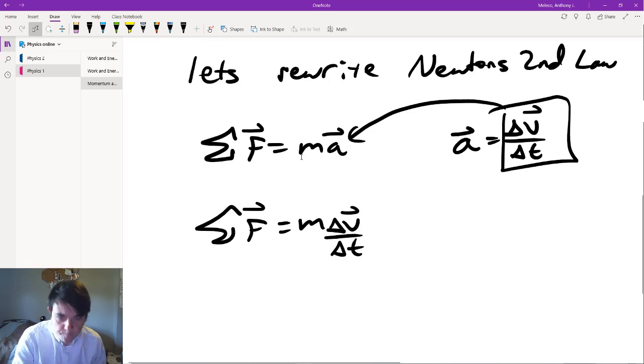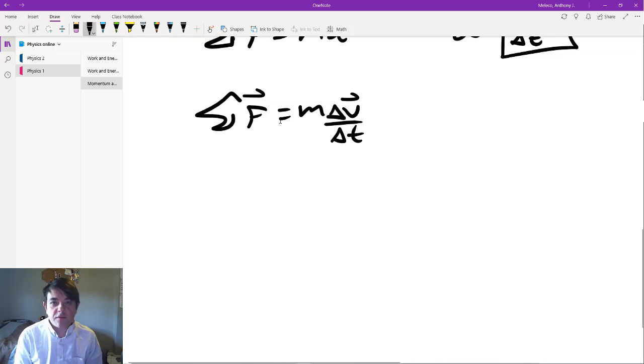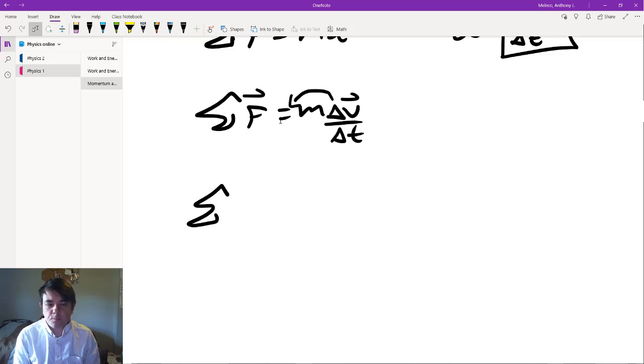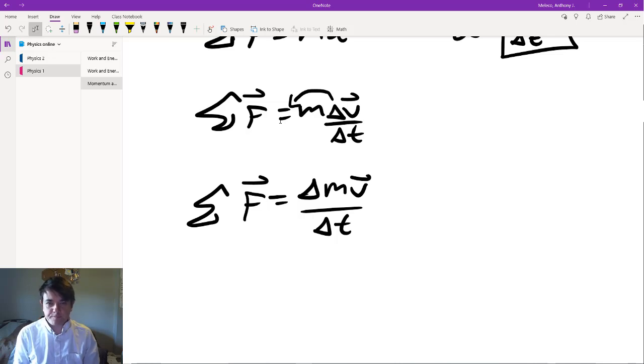And now we can move the delta out. That means we're not only going to allow the velocity to change, but we can also allow the mass to change. This will allow us to do a greater number of problems that we couldn't before, because everything we've done up to this point, the mass has mostly been constant. For this class, we're going to pretty much keep it the same way, but for derivation's sake, we are going to move this out.